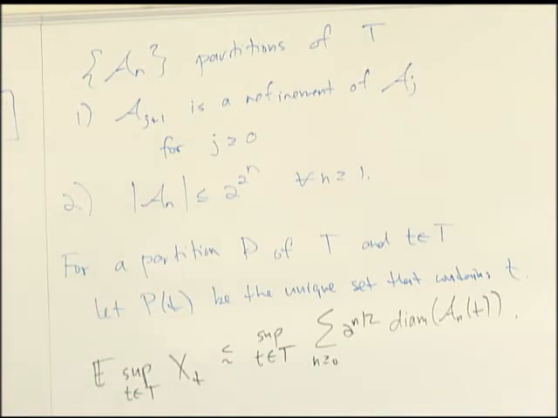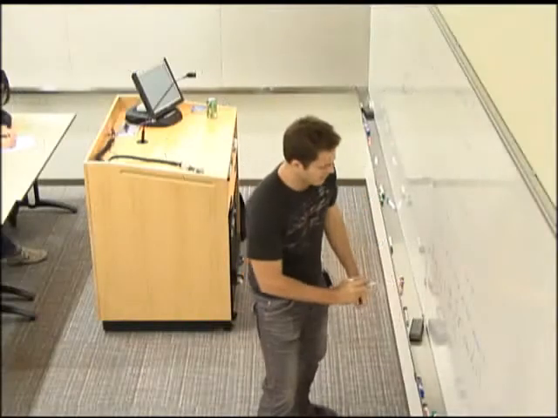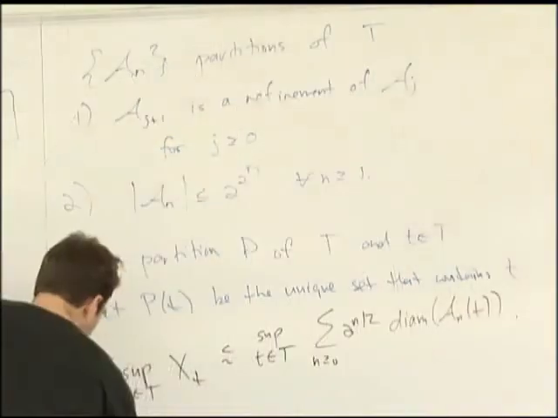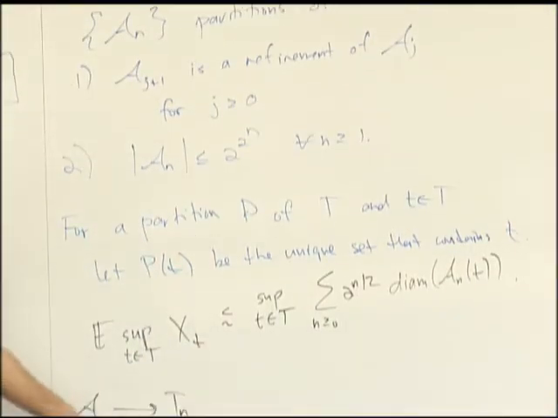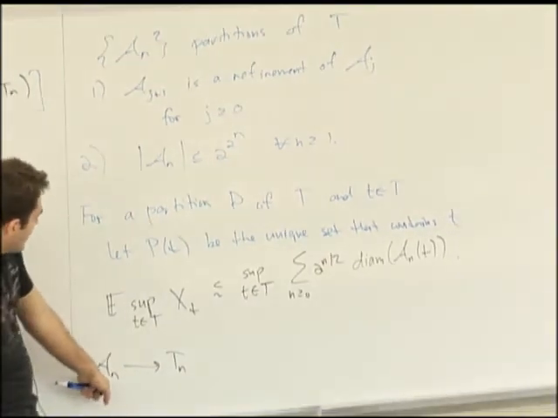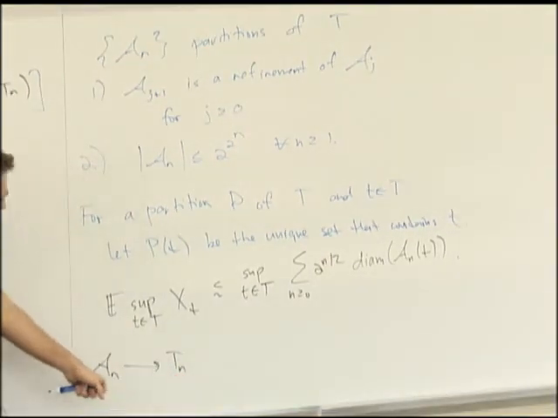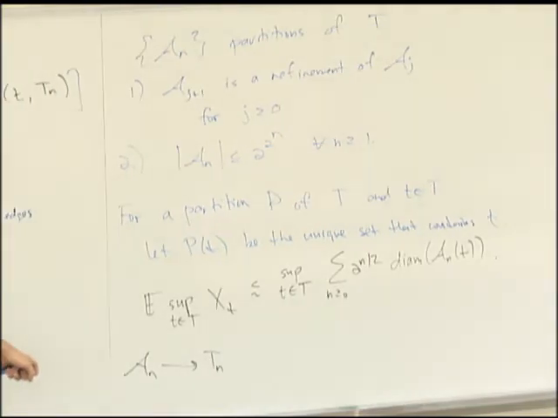To see that this works, just notice that if you give me any such sequence of partitions, then from the set A_n, I'll give you a set T_n. So this set has at most 2 to the 2 to the n points. What do I do? Just take 1 point from every piece in the partition. Okay?